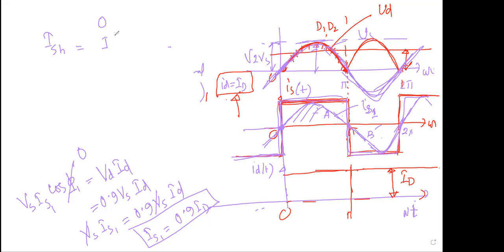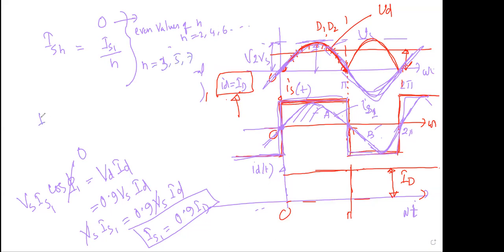Okay, yes. That will be 0, and this is IS1 by H. This is 0 for even harmonics, even values of H. That means when H equal to 2, 4, 6, etc. And when H equal to say 1, 3, 5, 7.